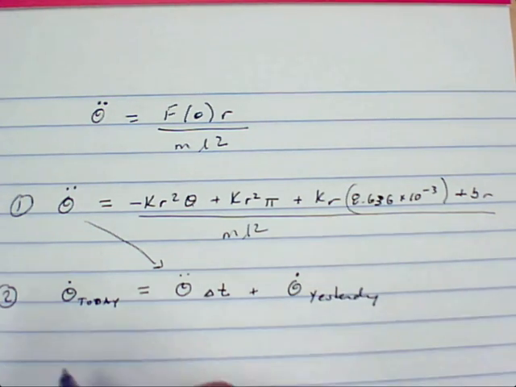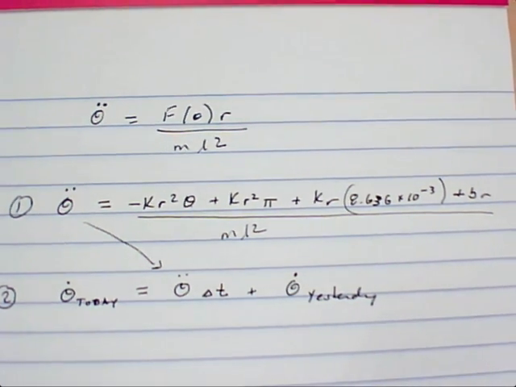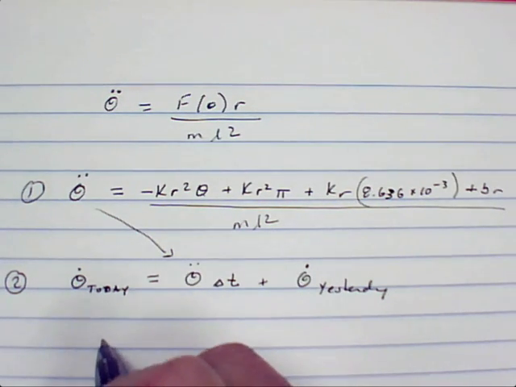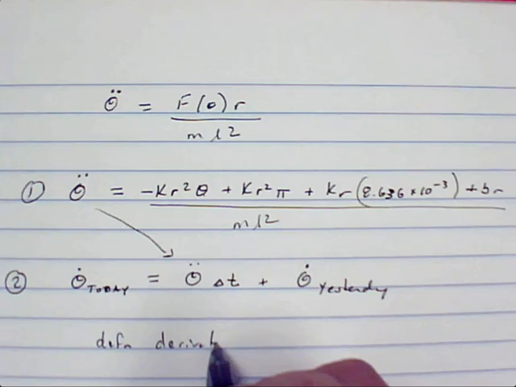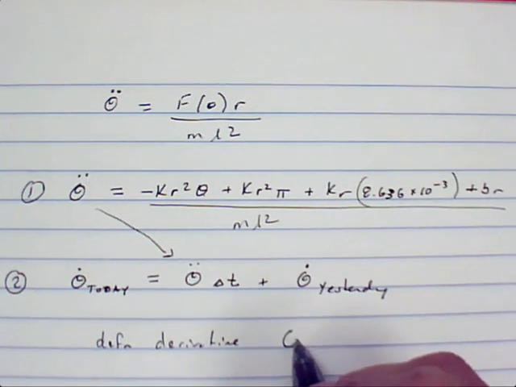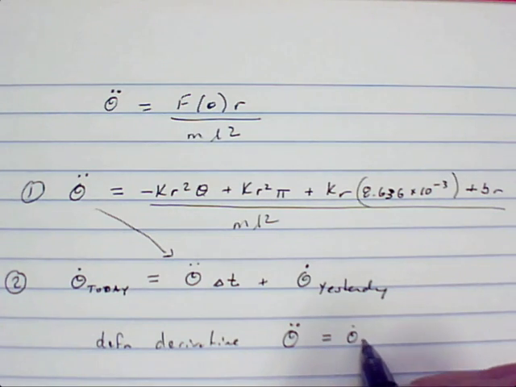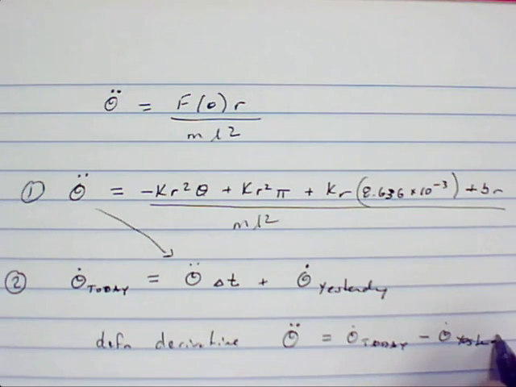How did I get that? Well, you don't have to derive it, but it's really a definition of a derivative. The definition of a derivative says theta double dot is equal to theta dot today minus theta dot yesterday divided by delta t. And I just brought the delta t up here and did some algebra.